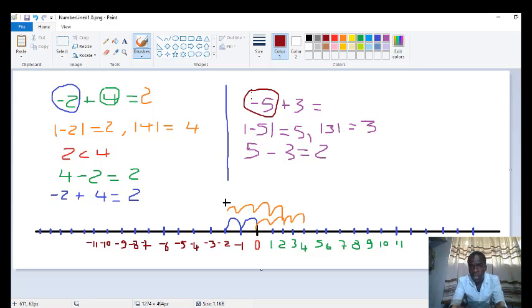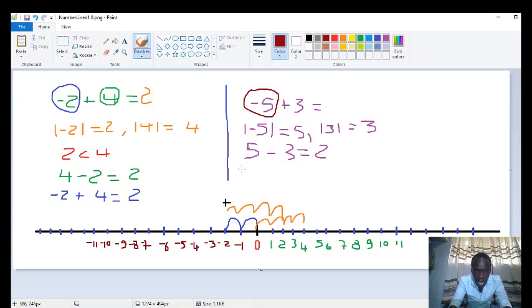And please, when I say the absolute value of 5 is greater than 3, it's not the same as saying negative 5 is greater than 3. No, negative 5 isn't greater than 3 because negative 5 is the actual value of the number, but 5 is the absolute value, which means the distance of that number from 0.